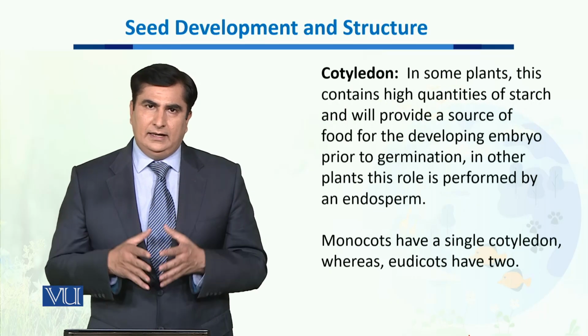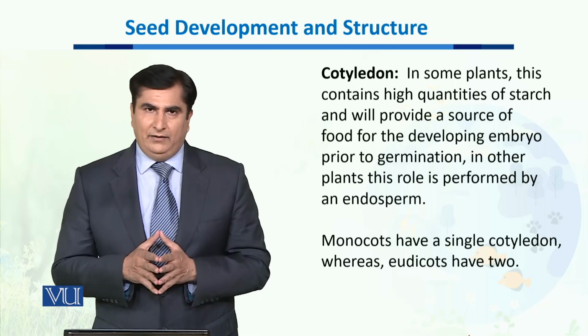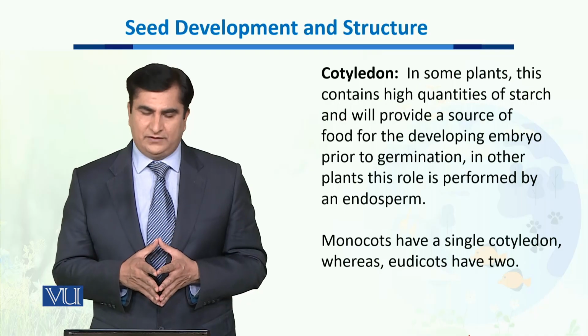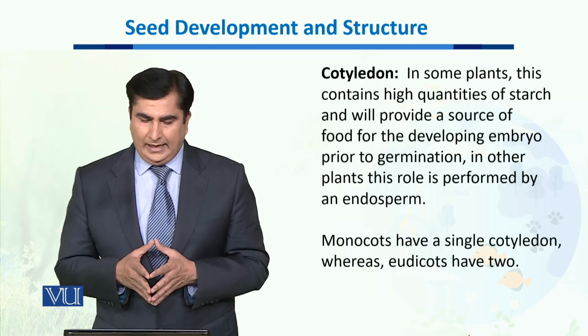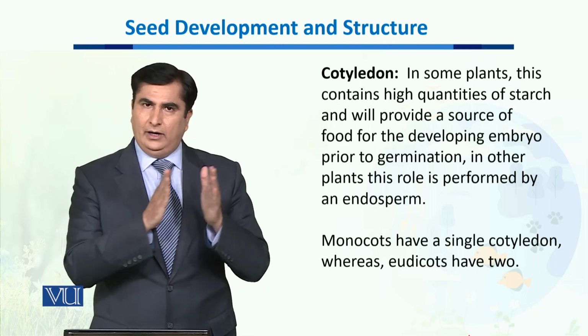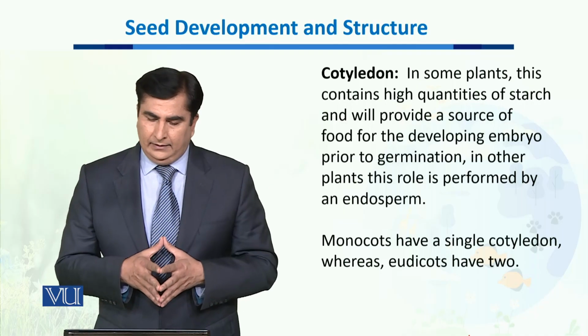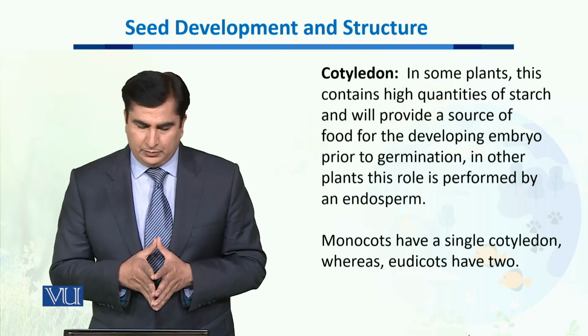Now, in some plants where we don't have endosperm, the cotyledon contains high quantities of starch and provides a source of food for the developing embryo before it germinates into a plant. In others, this role is performed by the endosperm.